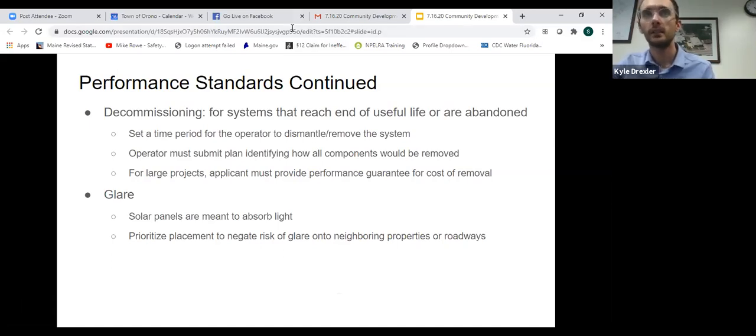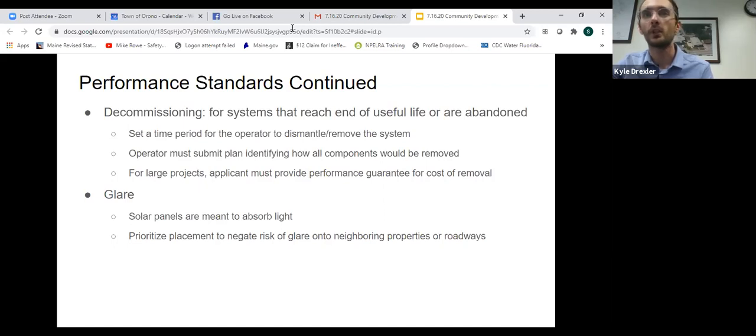They generally provide a time period for the operator or the owner to dismantle and remove this system. And then at that point, the operator would submit to either the code officer or the planning board a plan that would detail how the system was going to be removed, so as to not create any impacts on the ground.